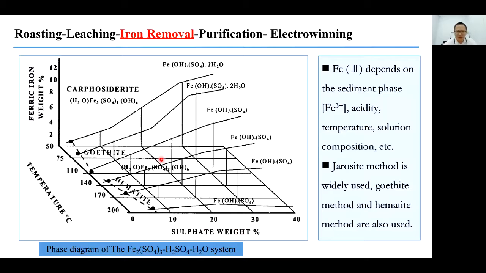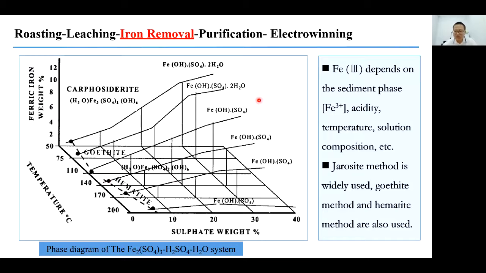And in the middle, we can also get jarosite, another form of iron mineral. This can be synthesized approaching very close to the boiling point of the system. And the sulfuric acid concentration is relatively higher than the other two, but the ferric iron concentration should be low.